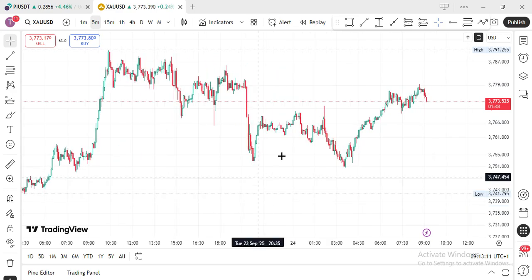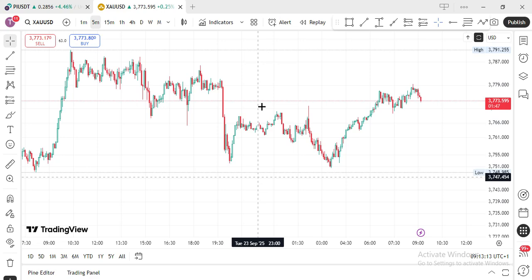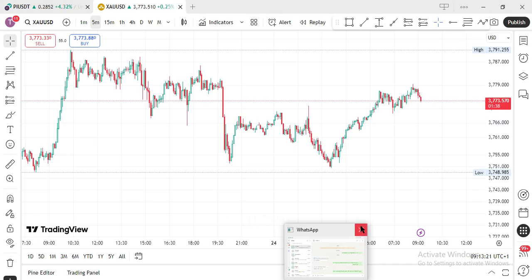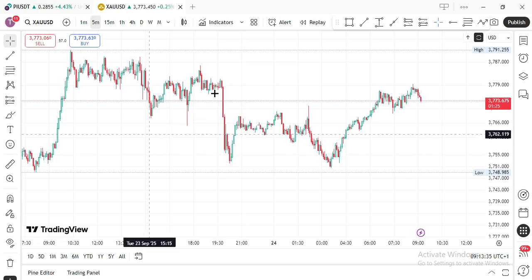Good, we have a very large one here. Now, fair value gaps are made up of at least three candlesticks.